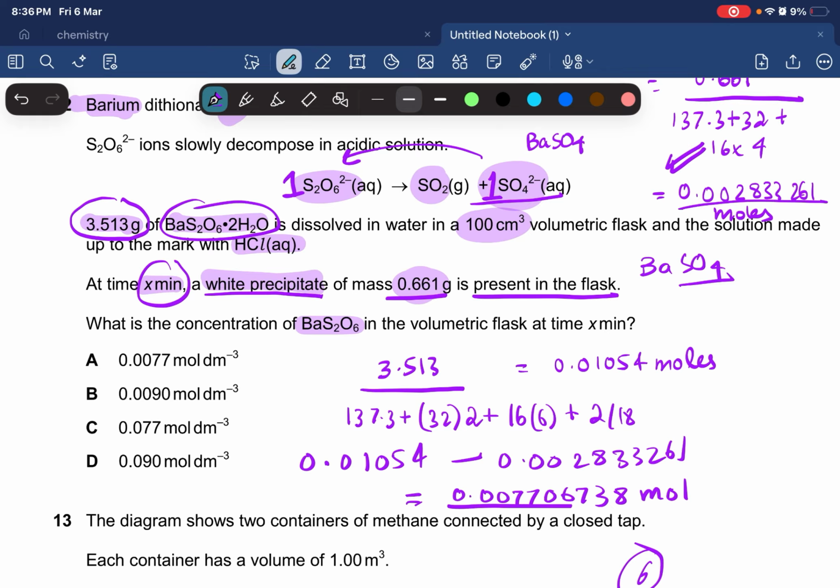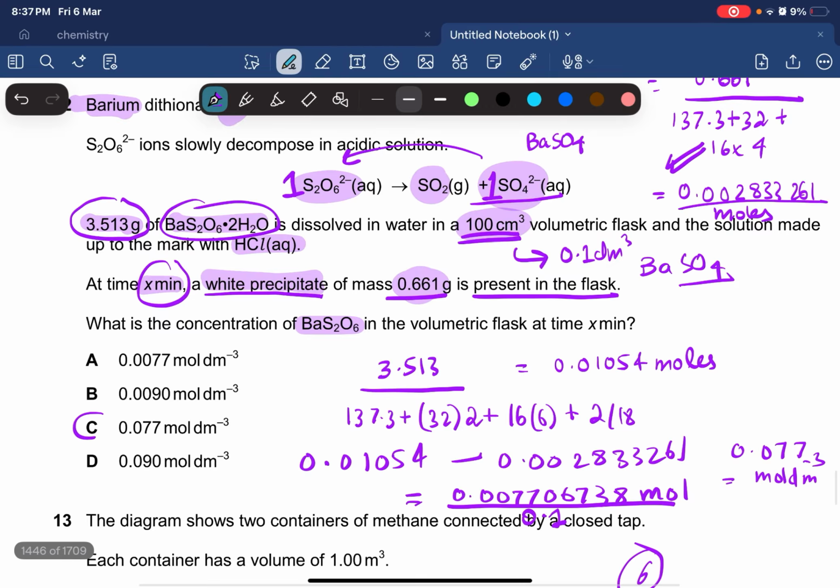Now these moles are divided by the volume, which is 0.1. Why 0.1? Because I have 100 cm cube, and if I convert it into dm cube, I get 0.1 dm cube. So my answer divided by 0.1 gives me 0.077 mole per dm cube.